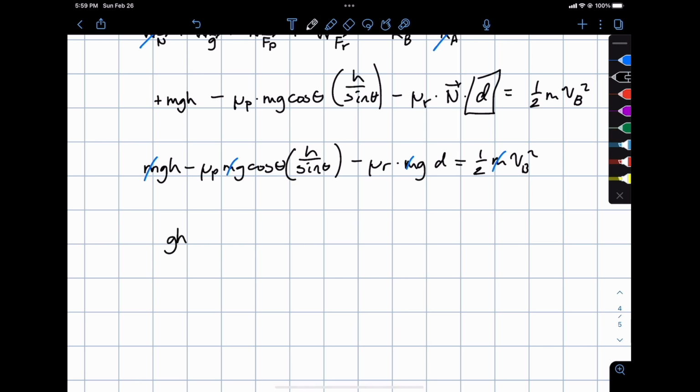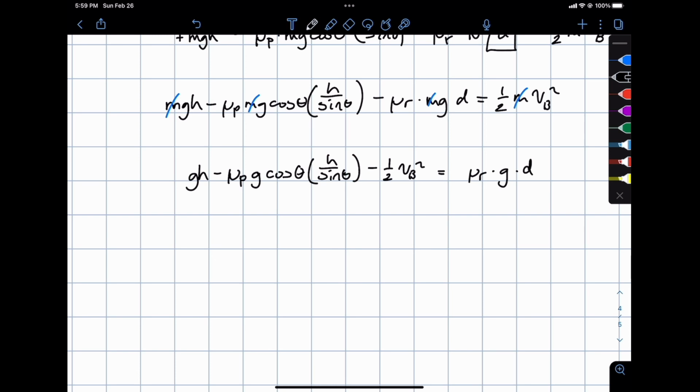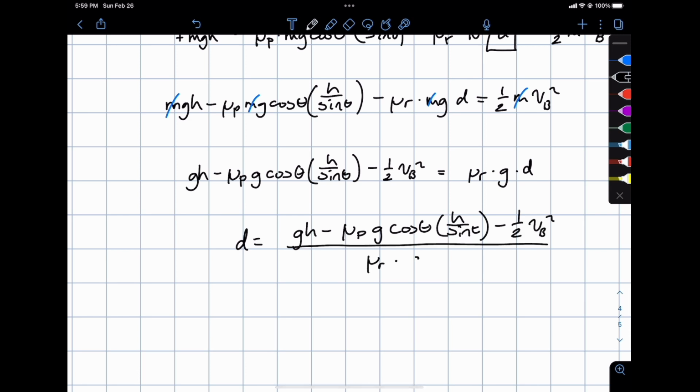So gh minus mu p g cosine theta h over sine theta minus 1/2 vb squared equals mu r g d. Divide both sides by mu r g. So d equals gh minus mu p g cosine theta h over sine theta minus 1/2 vb squared over mu r times g.